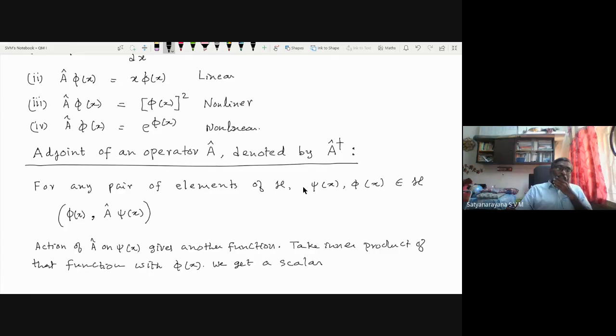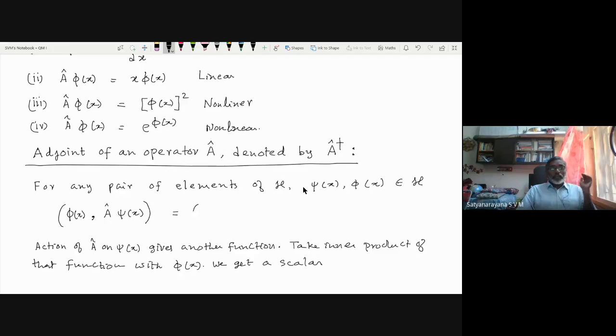Now we are going to ask a question. Can I produce the same scalar by some operator acting on phi of x and then taking the inner product with psi of x?